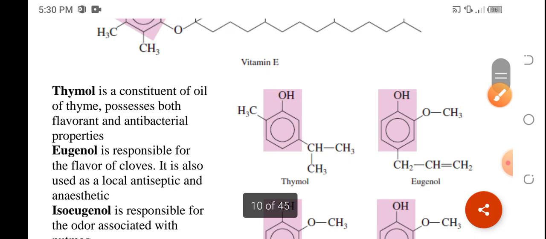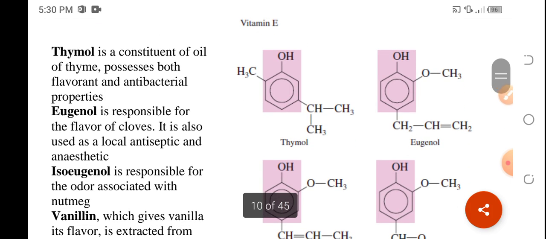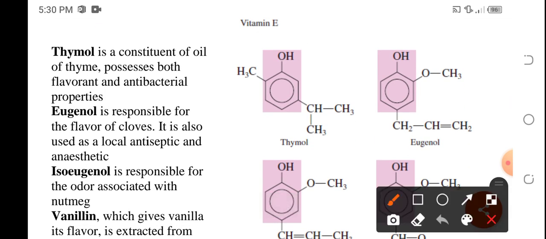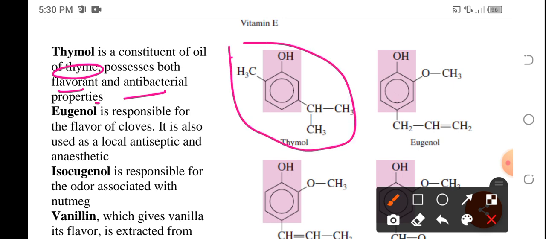Okay. Other important phenols are thymol, which is a constituent of oil of thyme. Thyme is used as a flavorant, and it has an antibacterial property. So this is thymol. It has a phenol part. Eugenol is responsible for the clove flavoring. It could also be used as an antiseptic or anesthetic.